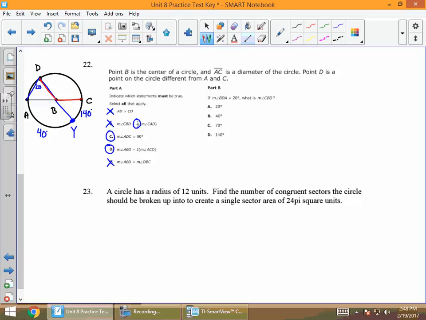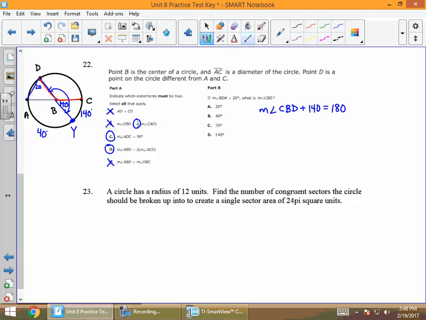And if this is 140, my central angle in here would be 140. And then I can see that this has to add up to 180 because it's a straight line. So the angle that I'm looking for, the measure of angle CBD, plus 140 has to equal 180.